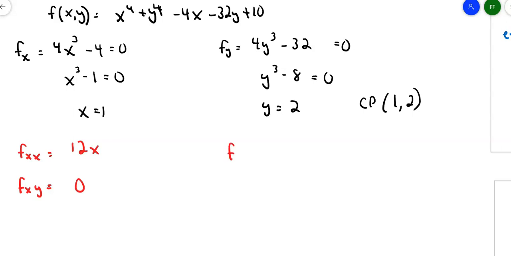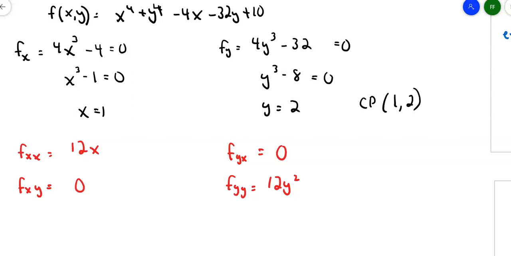The partial derivative with respect to y then x is again 0, because the y and the 32, derived with respect to x, are both constants. And the derivative with respect to y again is 12y squared. So those are my 4 second partial derivatives.